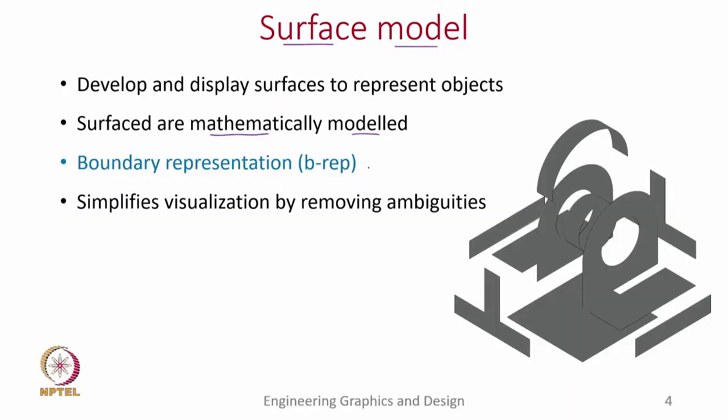There is a representation called the boundary representation, which is very commonly used for these surface models. What does boundary representation mean? You define the object by its boundary. For example, let us talk about a simple rectangular area.